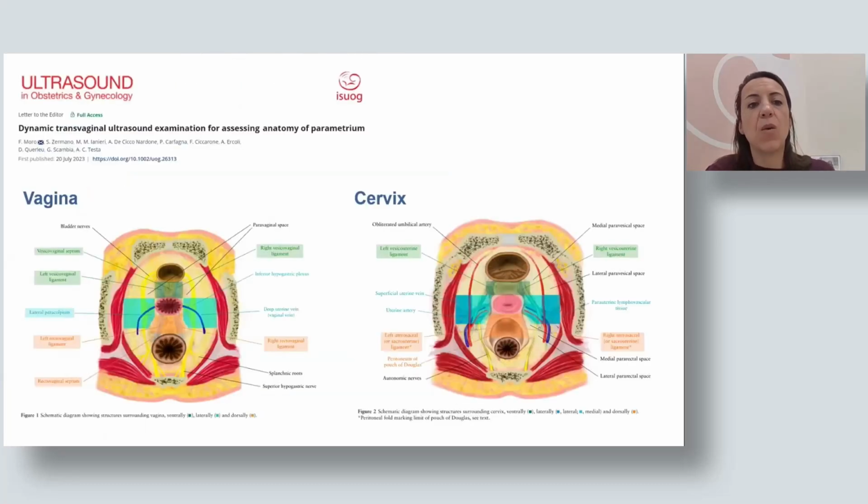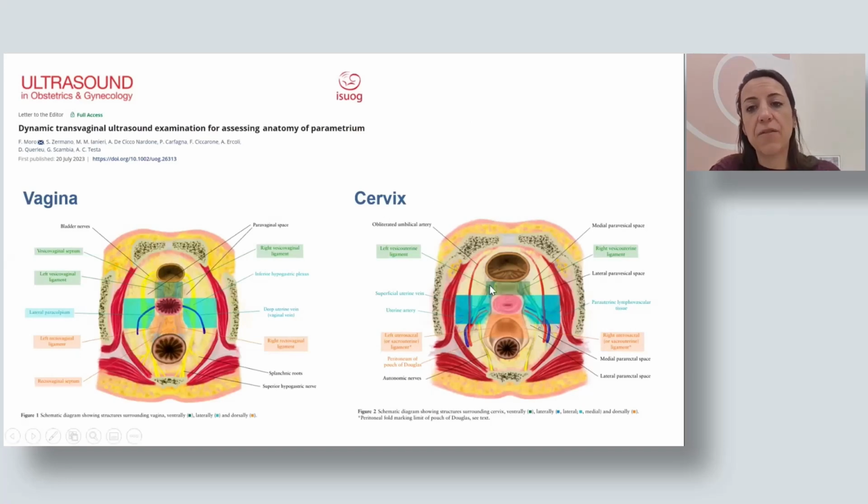In this scheme, I just summarize how we can assess with transvaginal ultrasound examination regarding parametria. In particular, at the level of the vagina, we can assess the vesicovaginal septum between bladder and vagina, and posteriorly, we can assess the rectovaginal septum between vagina and rectum.